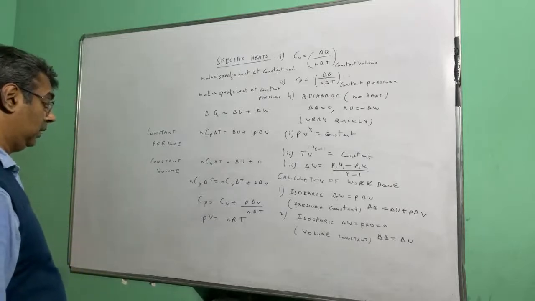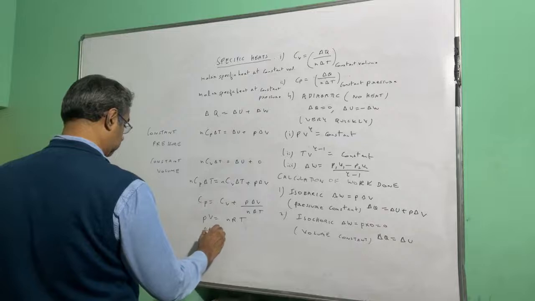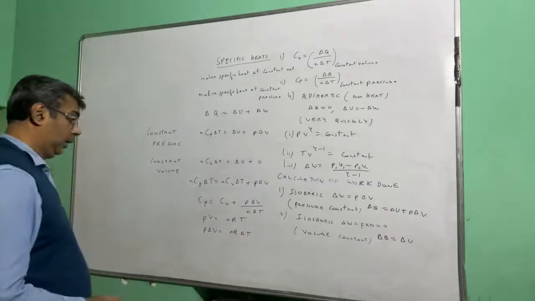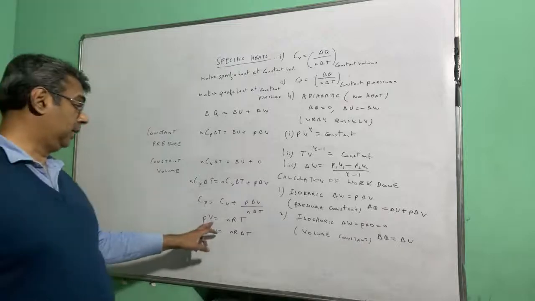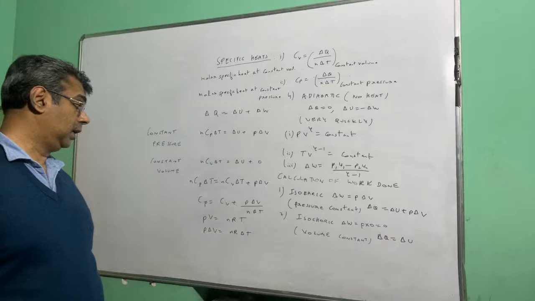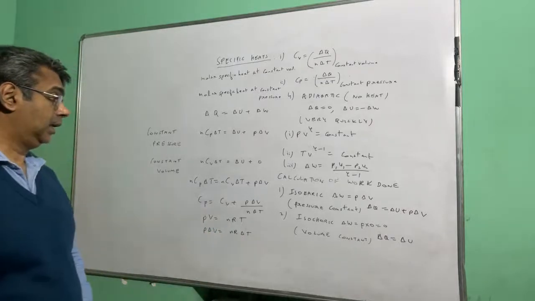Meanwhile, you are aware that PV is equal to nRT. So P delta V will be nR into delta T, right? PV is nRT, so P delta V will be nR delta T.